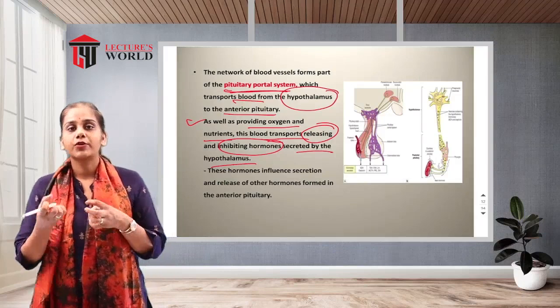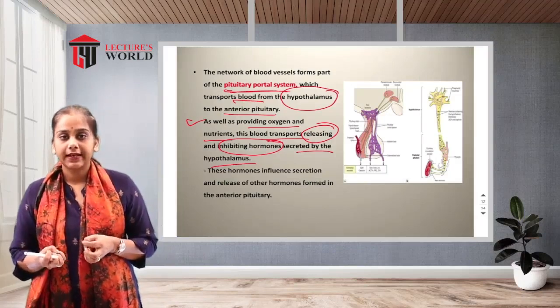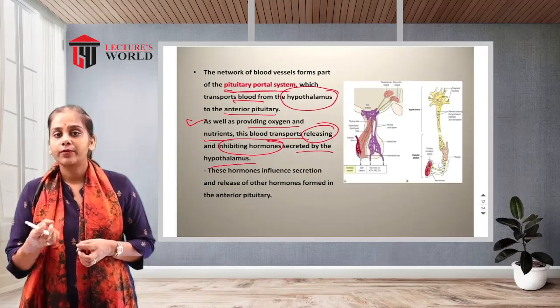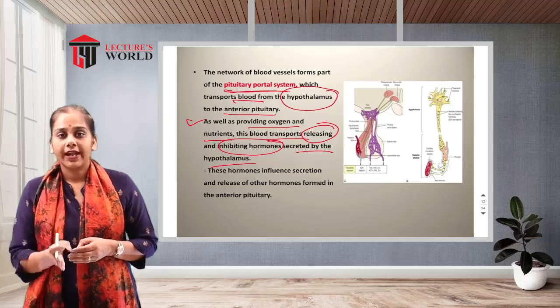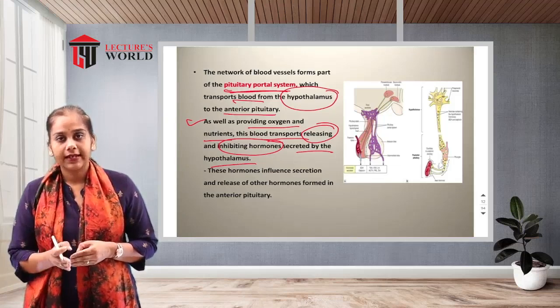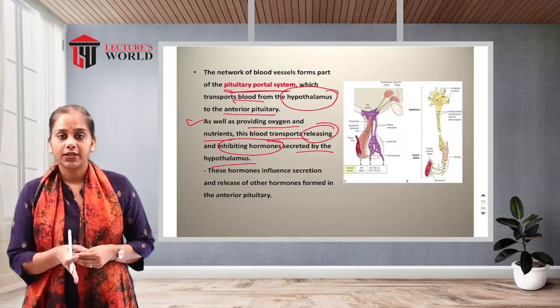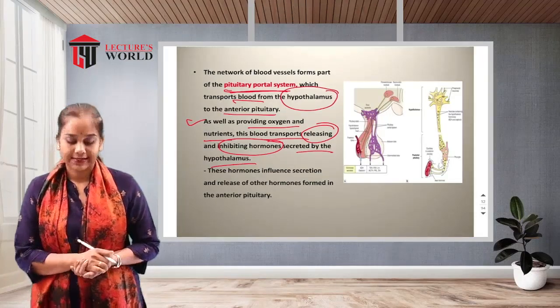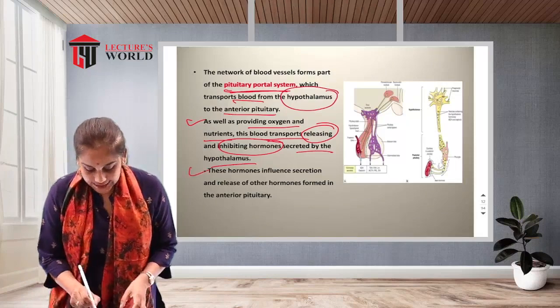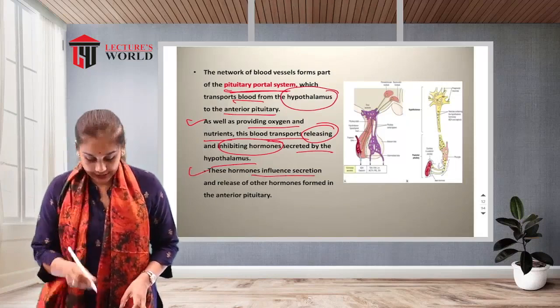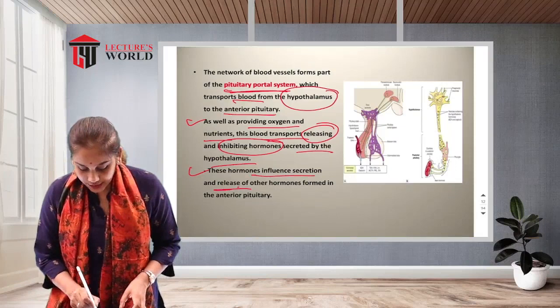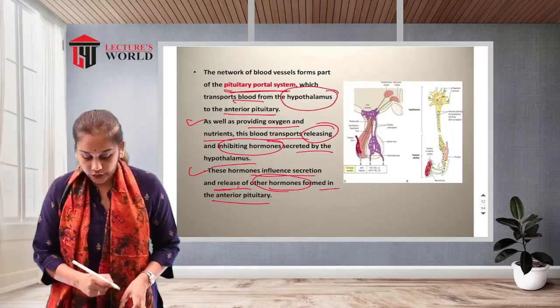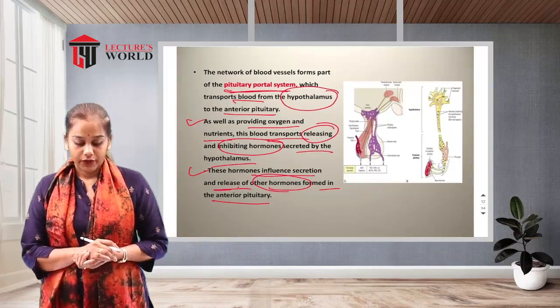Some hormones are produced by the anterior pituitary gland, and when overproduction occurs, the gland tries to stop those hormones. That is why inhibiting hormones are there. These hormones influence the secretion and release of the other hormones formed in the anterior pituitary.